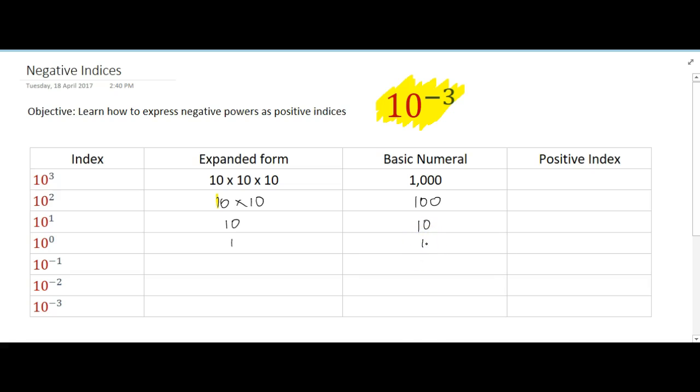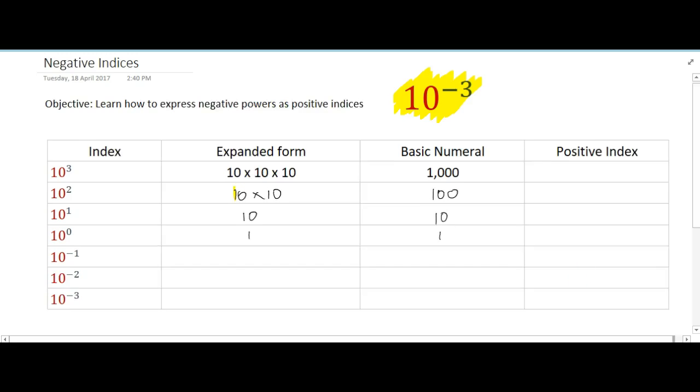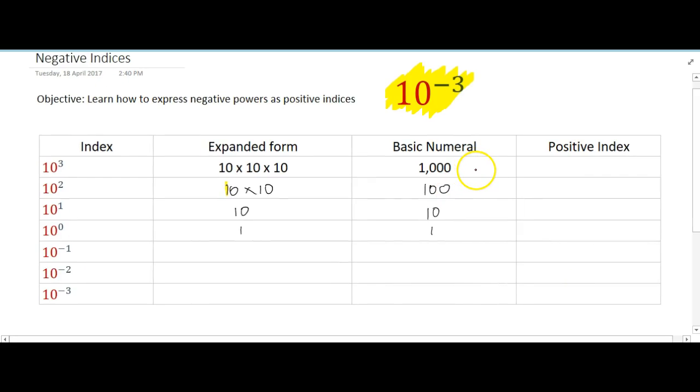So we've completed those first two columns, and what I want to look at is what's happening to the basic numeral as we go down, as we decrease the power by 1. Hopefully you can see that as I jump from 10 to the power of 3 to 10 to the power of 2, I'm dividing by 10.